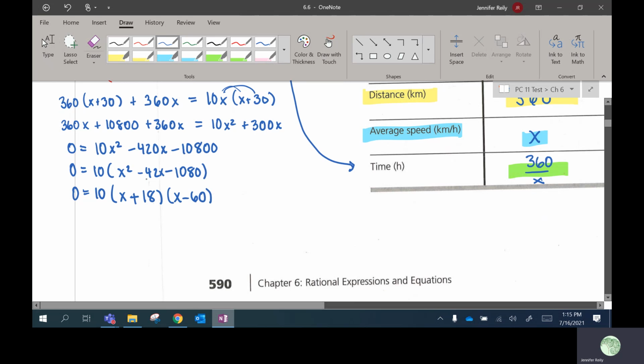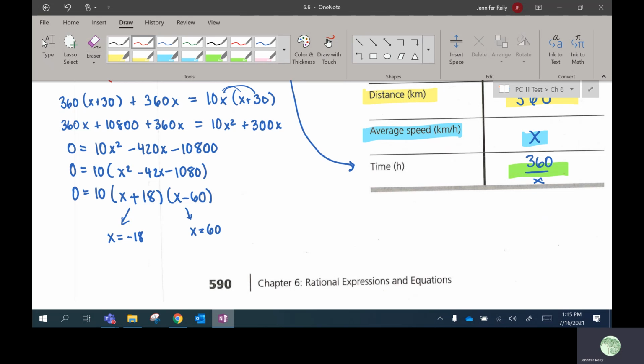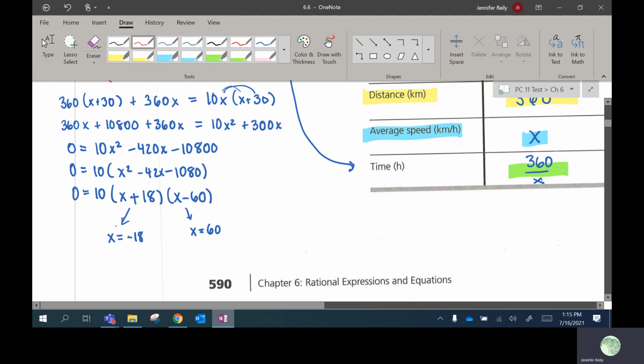Yes, those two numbers add to negative 42, and they also multiply to 1,080. Perfect. So I have two possible solutions. Either the speed was negative 18 or the speed was 60. Now, a negative speed in this context doesn't make any sense. Speed is only a positive number, so I'll just put not relevant.